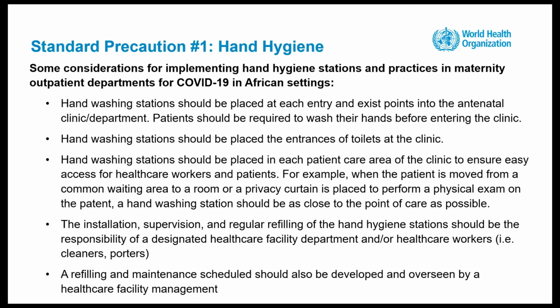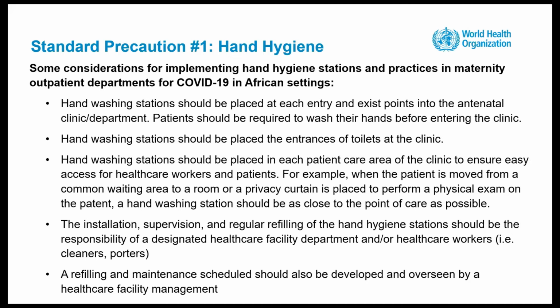Hand washing stations should also be placed in each patient care area to ensure access for health workers, especially, but also patients. So for example, if a patient is being moved from a waiting area into a consultation room, or maybe in our context, we don't have a private consultation room, but maybe we have the ability to put up a privacy curtain before we do any sort of physical assessment on our patients.